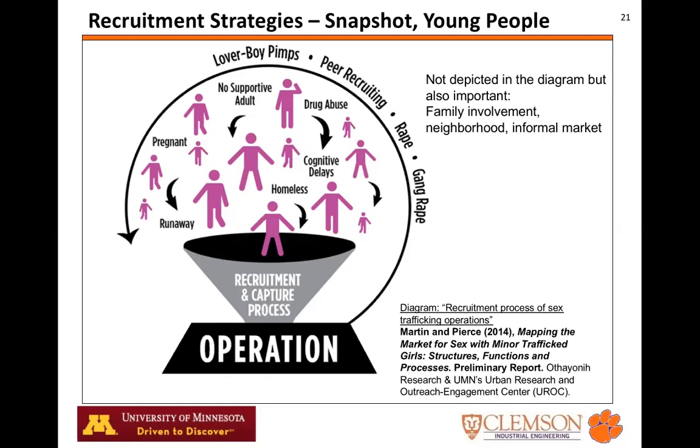Some is at the behest of a trafficker and some is unintentional. And then we saw, again speaking to this issue around violence, a lot of tactics around rape and gang rape, or multiple perpetrator rape, as a way of recruitment. And not depicted in this diagram is the role of family involvement, neighborhood context, and the informal market of sex trading and how that overlaps with formal trafficking operations.